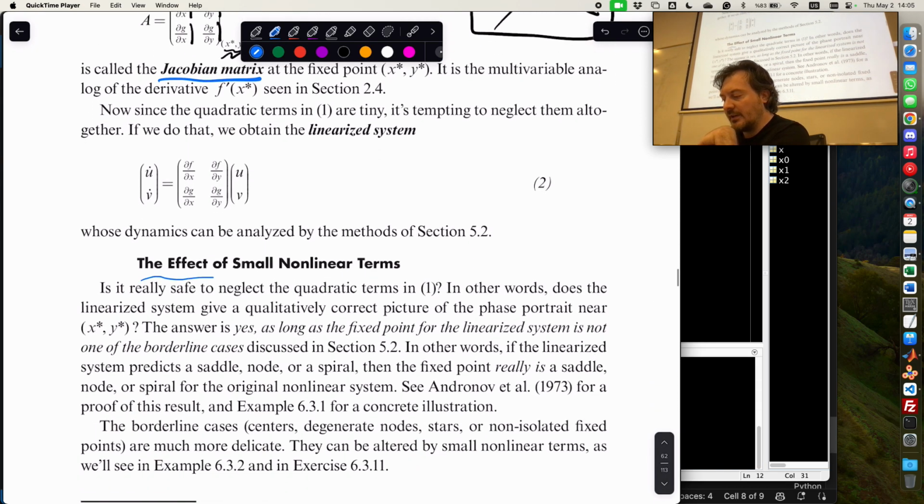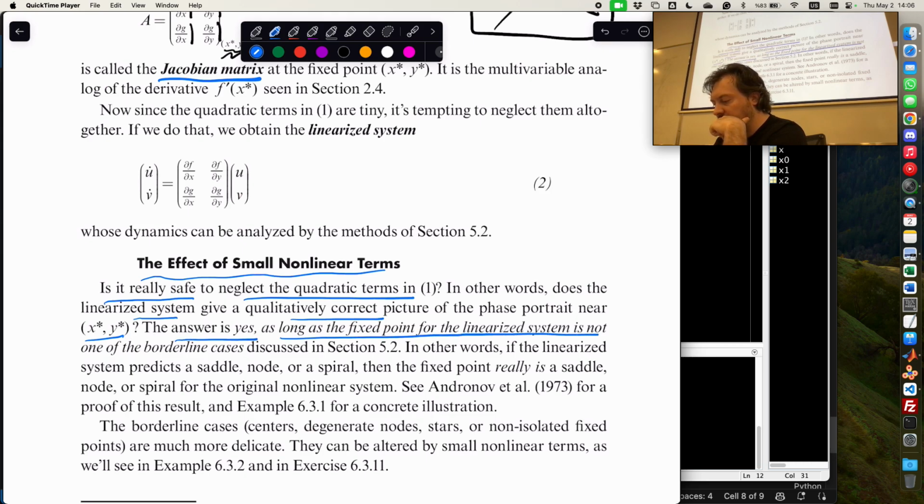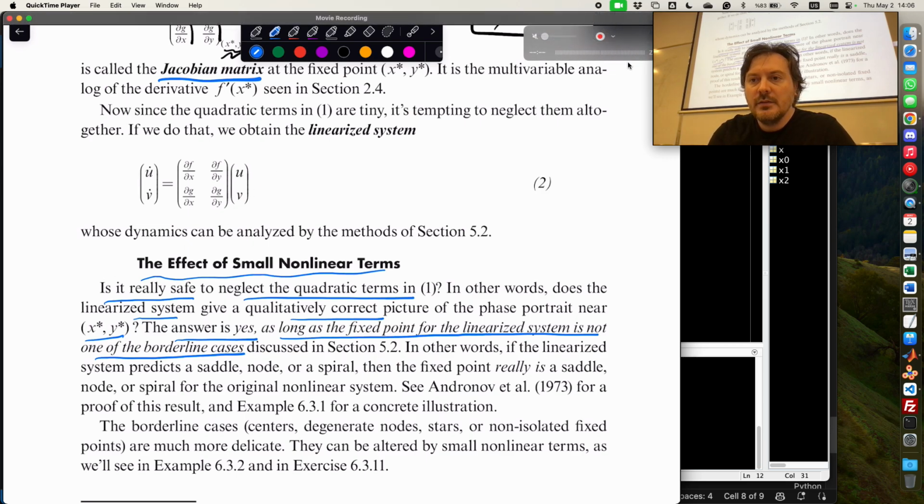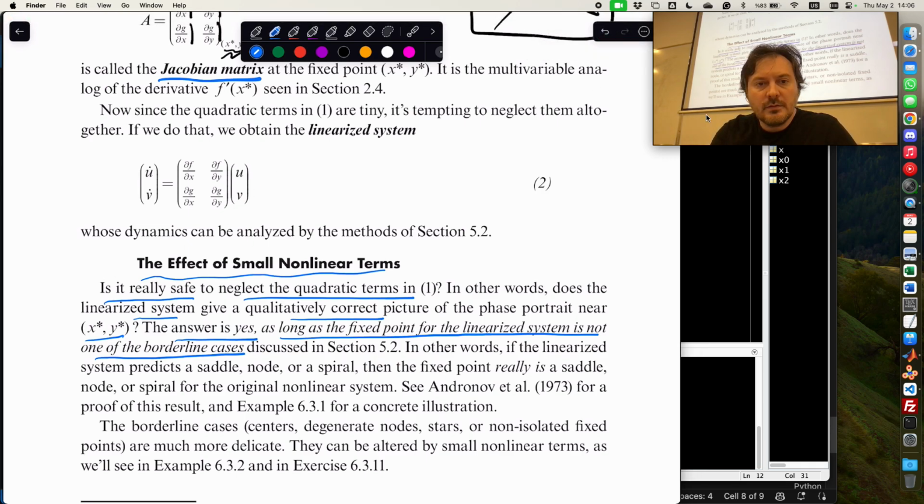There are some effects of small nonlinear terms, let's read it really quickly. Is it really safe to neglect the quadratic terms? In other words, does the linearized system give a qualitatively correct picture of the phase portrait near x star, y star? The answer is yes, as long as the fixed point for the linear system is not one of the borderline cases. What do we mean by borderline cases? Is this.